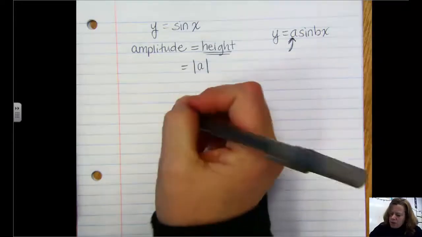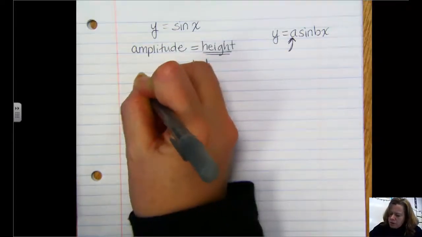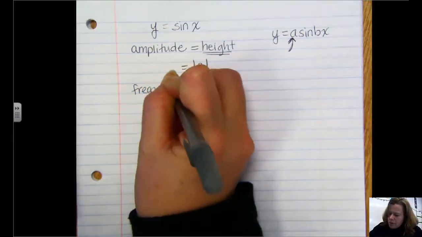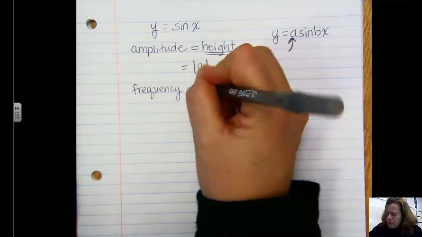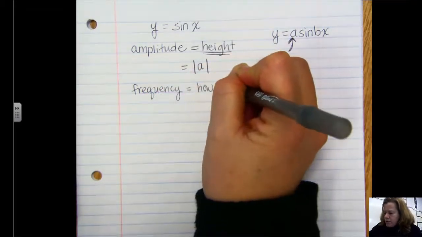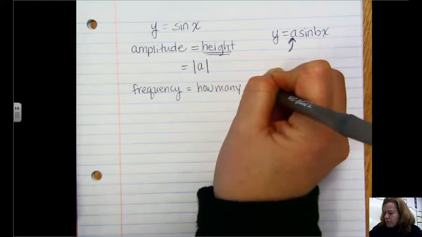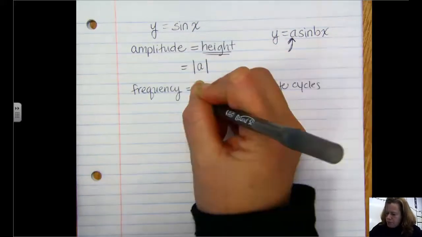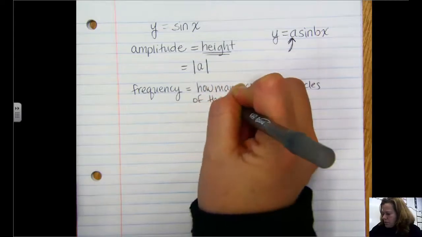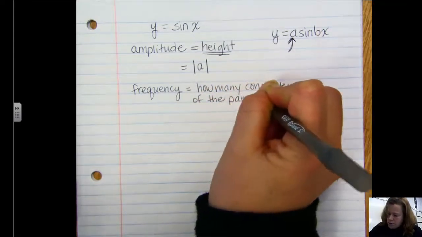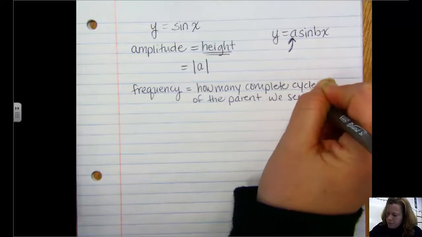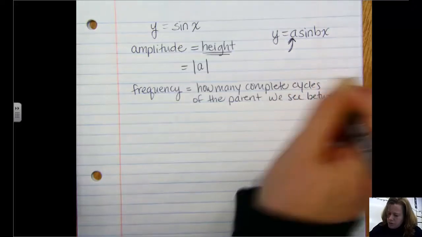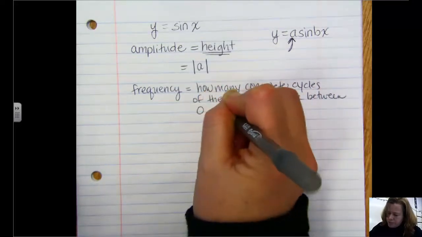Okay. The other key feature is what we call frequency. And frequency is how many complete cycles of the parent we see between 0 and 2 pi.